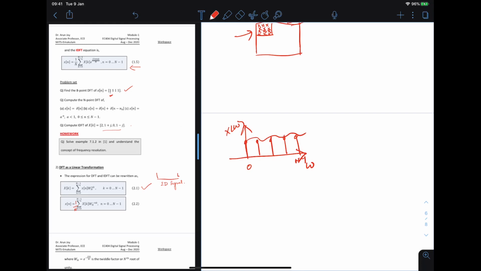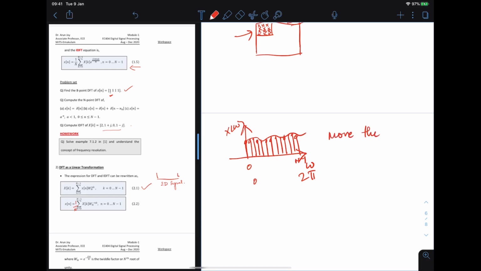What happens if I am increasing the number of samples in the frequency domain? That is, I'm making the N value very large, so that a large number of samples are taken between 0 and 2 pi. Then if I want to reproduce the original spectrum, I'm able to do it better. That is the advantage. So if I'm taking more DFT samples, the frequency resolution is better.